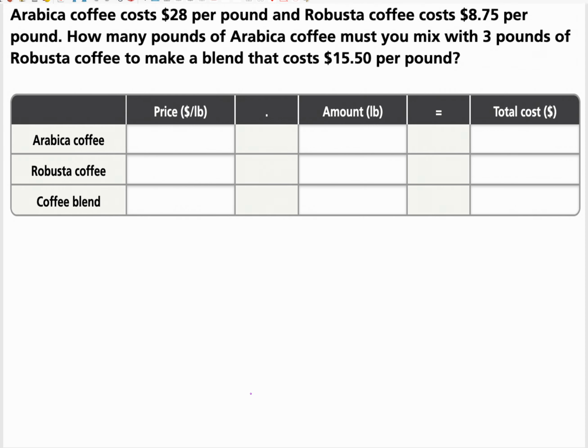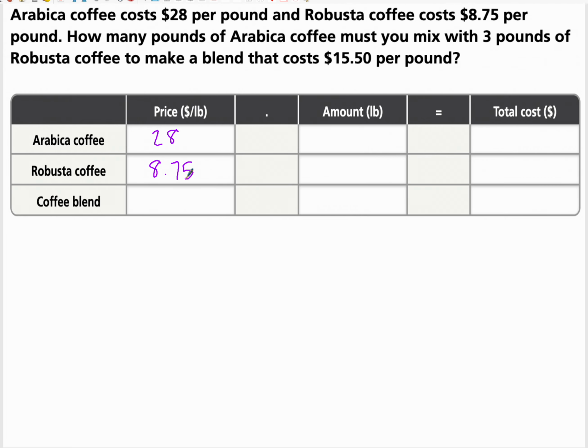So here's how this works. Arabica coffee costs $28 per pound, so we fill in the coffee table. 28 is the price of Arabica coffee, and Robusta coffee costs us $8.75 per pound. So $8.75 goes there.